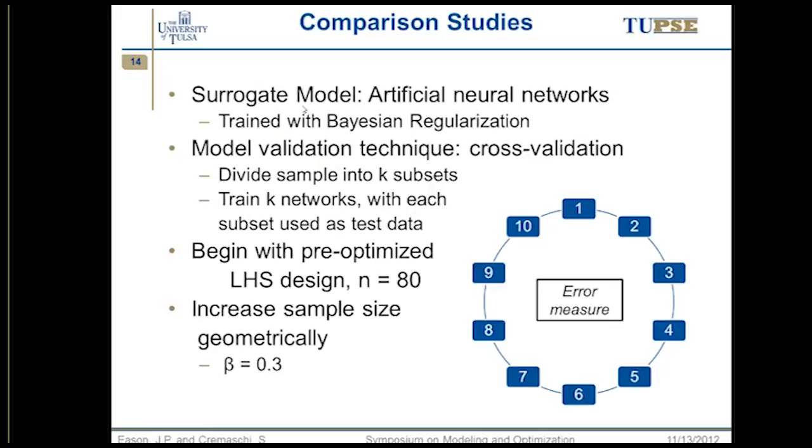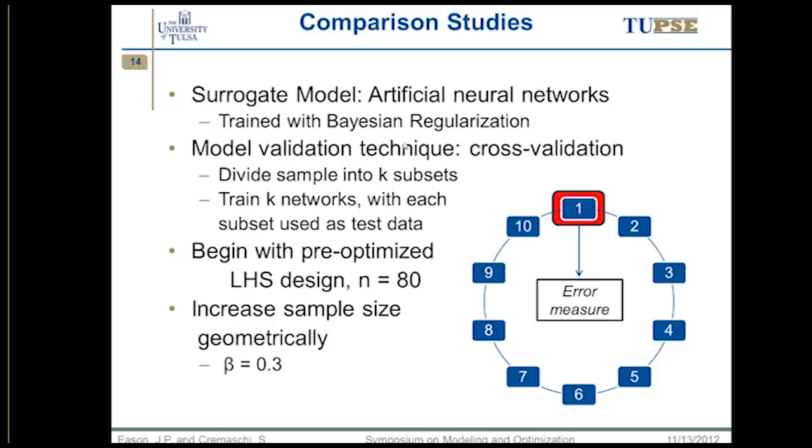So our comparison studies between these three algorithms, we used artificial neural networks as the surrogate model. The model validation technique was cross-validation. In cross-validation, we divide our sample into k subsets. We use k equals 10, and train the networks with each subset used as test data.